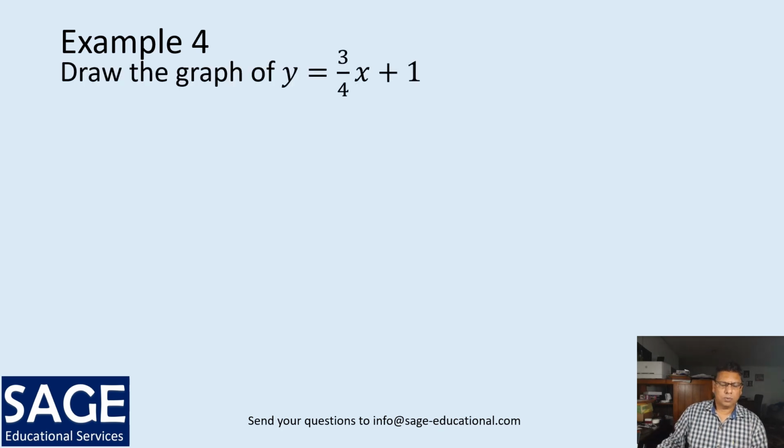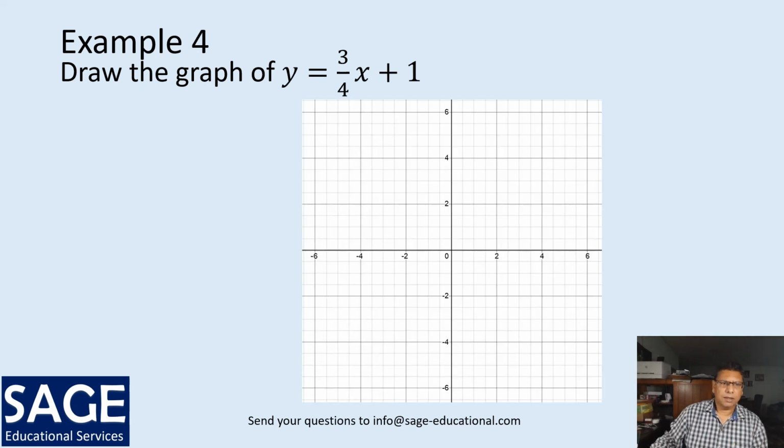Now we want to draw the graph of y is equal to 3 over 4x plus 1. So again, we have our slope is equal to 3 over 4, and the value of b, the y-intercept, is equal to 1. So start with the point where y is equal to 1 on the y-axis. So there's my point.